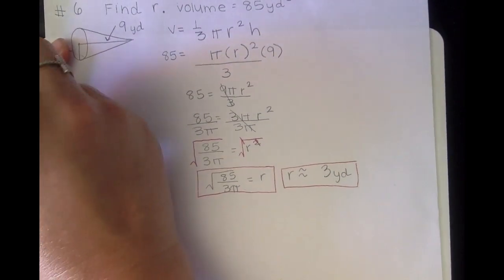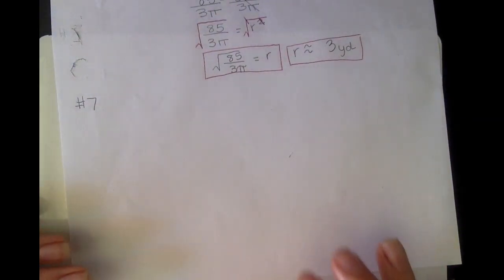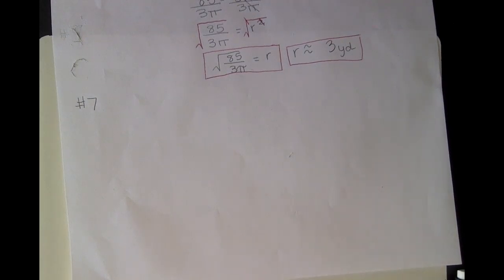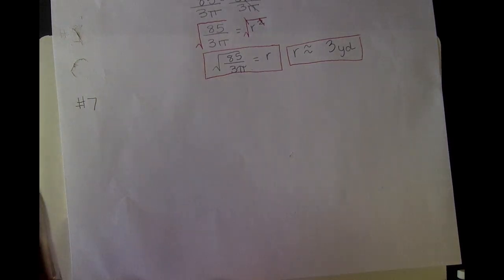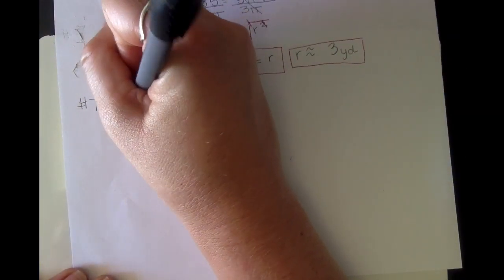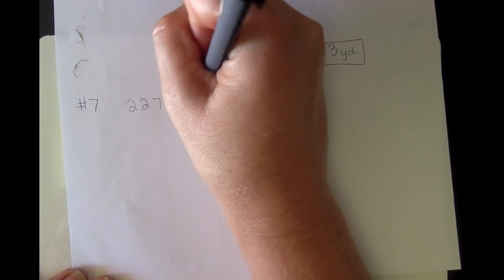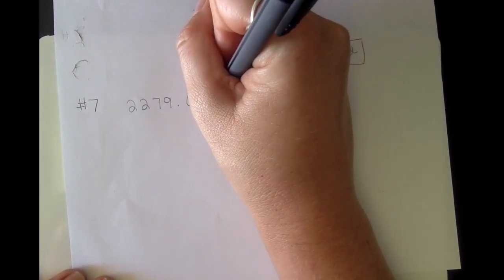So let's go ahead and move on to number 7. You should have your study guide out in front of you. I'm going to be reading off the question because it was sort of long. But basically for number 7, it says a cylindrical tank can hold 2,279.64 cubic feet of water.